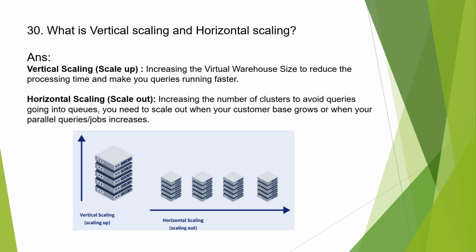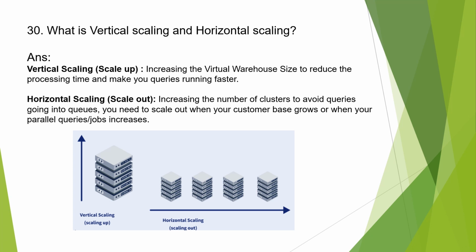Suppose if you are using extra small, you can switch to small or medium or large size. So we call this vertical scaling. That means we can increase the virtual warehouse whenever it is required, or we can decrease it whenever it is required.